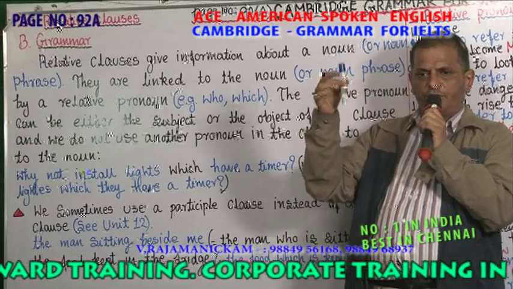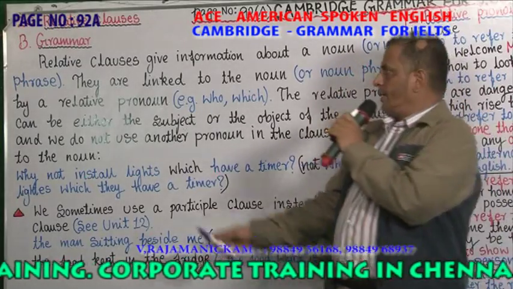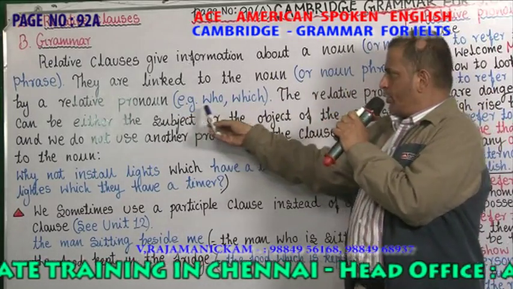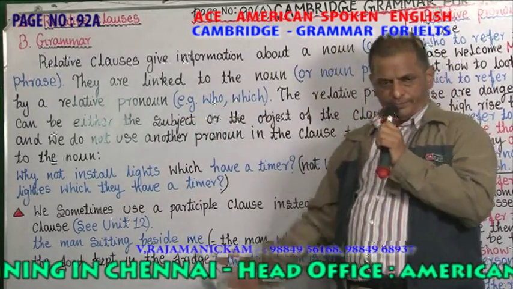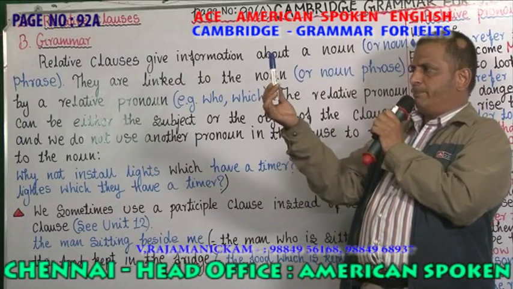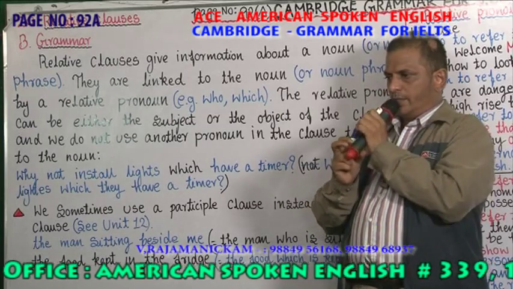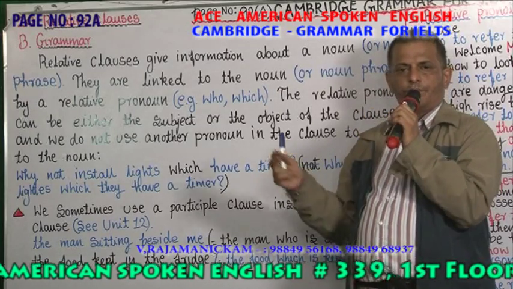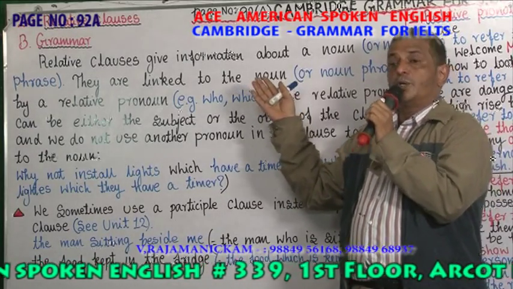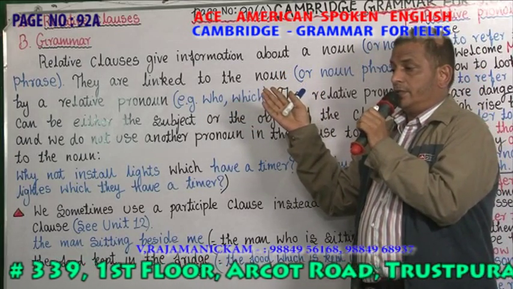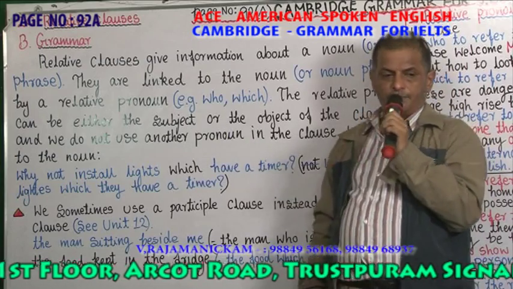They are linked to the noun or noun phrase by a relative pronoun. You are using who and which. Since this is a pen, you are using which. For who, can you form a sentence?